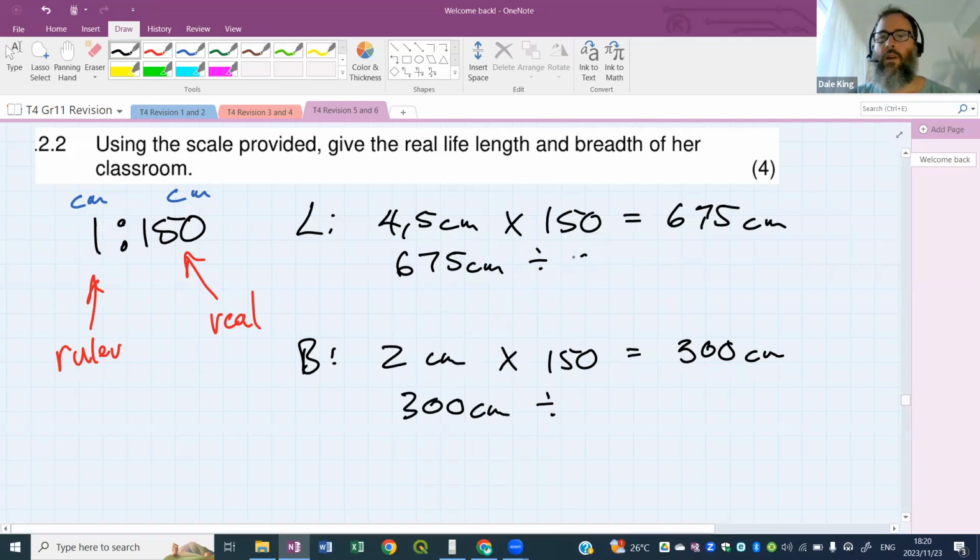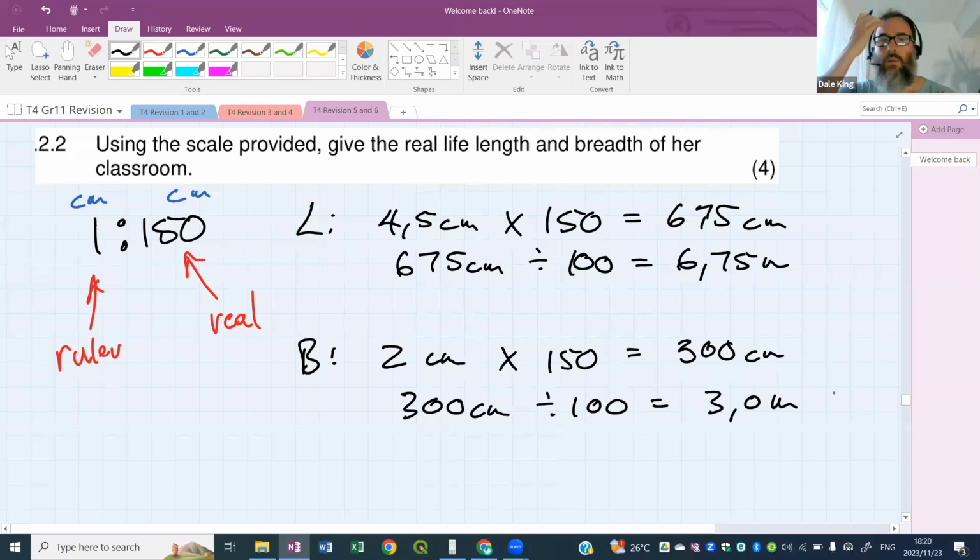So we're going to divide by 100 here. We get 6.75 meters, and dividing the other by 100 we get 3 meters. If they want meters, we can convert to meters. Classroom dimensions are usually in meters, so this is why we're trying it now. But the previous answer of 675 and 300 centimeters is perfectly acceptable. They didn't give instructions on what units to use, so that's fine.